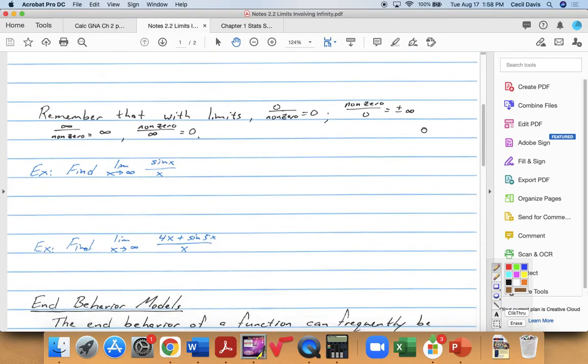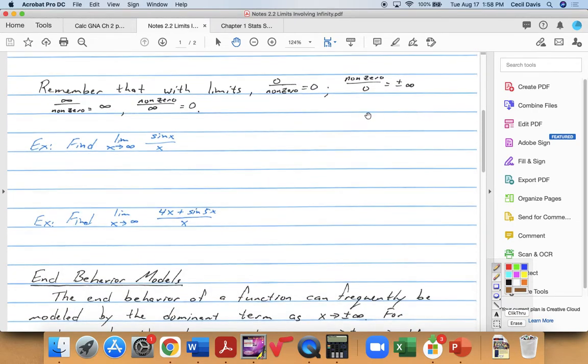But let's take a look. Remember that with limits, if you have 0 in the numerator and something non-zero in the denominator, that's going to be 0. 0 over 3 goes to 0. If you have something non-zero in the numerator and 0 in the denominator, as a limit, that's either going to go to positive infinity or negative infinity.